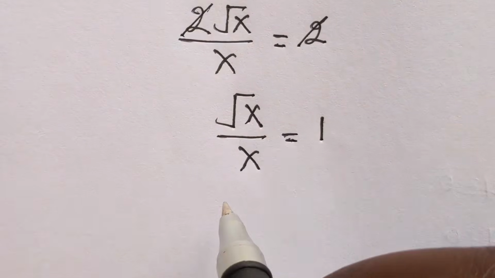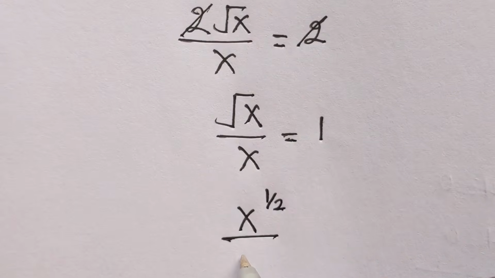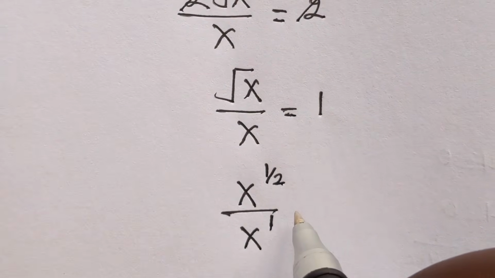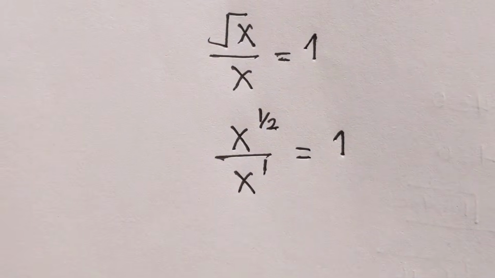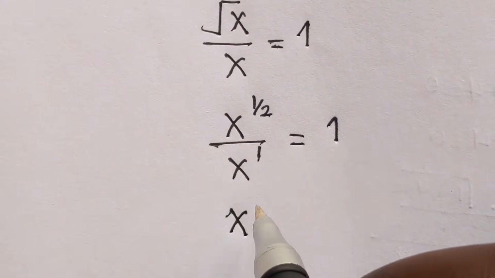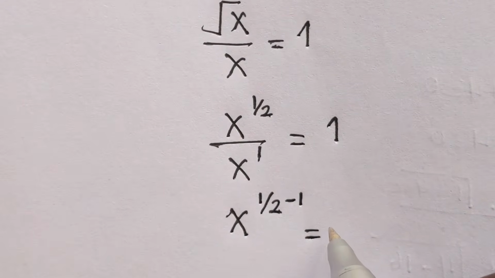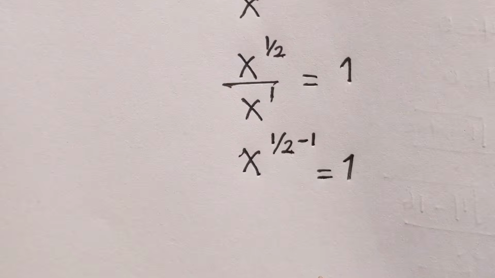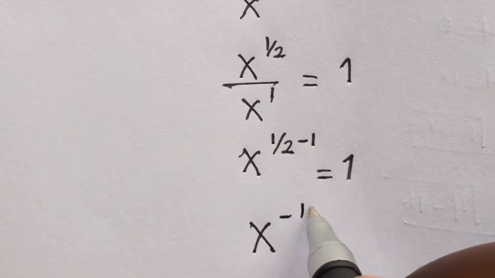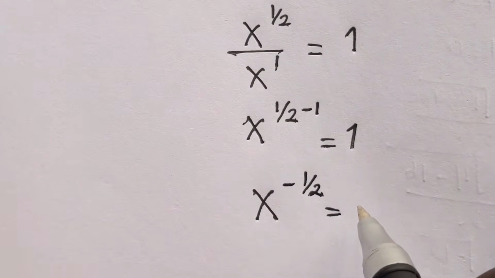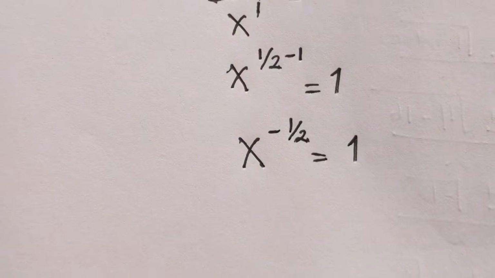We know that this is x power 1 over 2 over x power 1, and this equals 1. Then this will be x power 1 over 2 minus 1, which equals 1, and this will be x power negative 1 over 2, which equals 1.